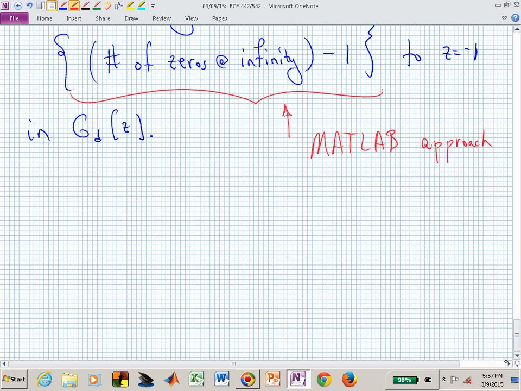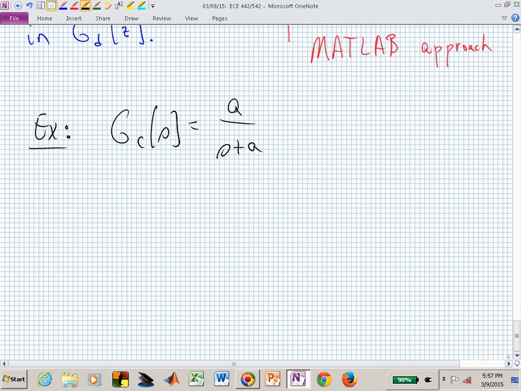Let's see what that means relative to the example that we just looked at. Here was our g sub c of s. That was a over s plus a. We want to produce a new discrete equivalent. And since it's new, I will put a bar over it. It's not the same as g sub d of z.